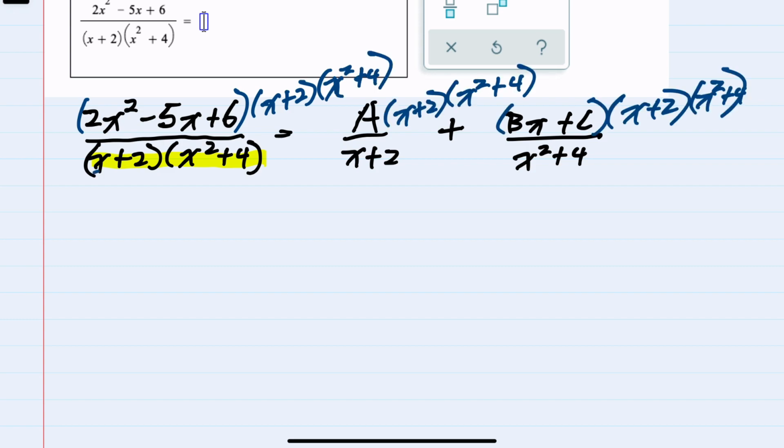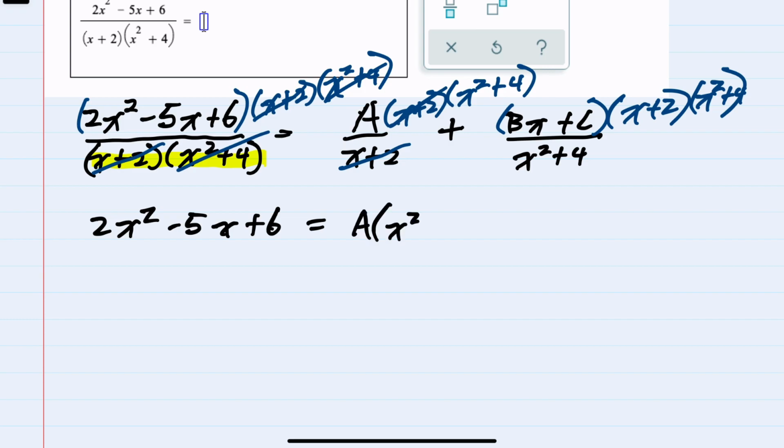This allows us to cancel that denominator on the left-hand side and have just 2x squared minus 5x plus 6. On the right-hand side, first the x plus 2's cancel, leaving a times x squared plus 4. And then for that second fraction, the x squared plus 4's cancel, leaving bx plus c times x plus 2.